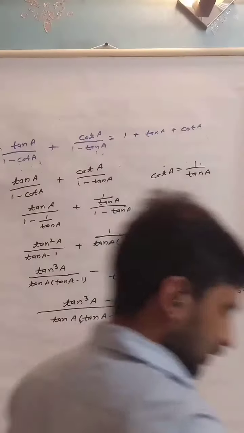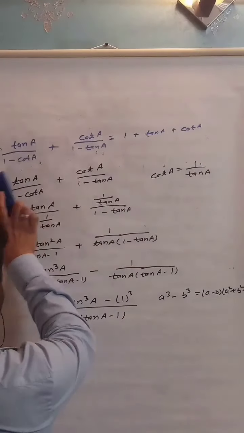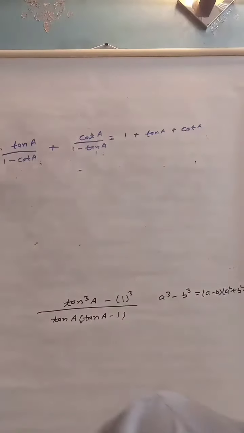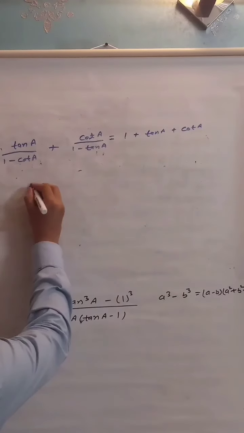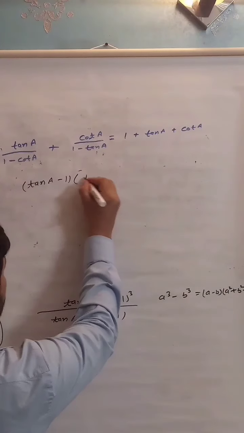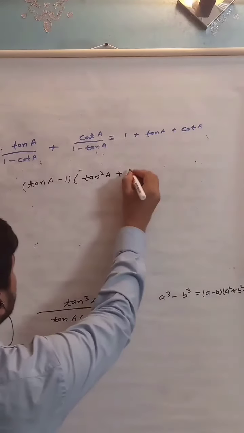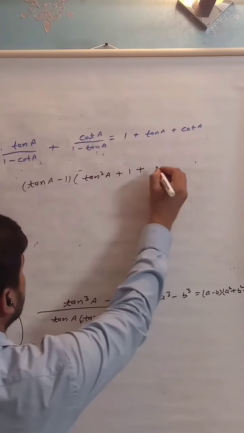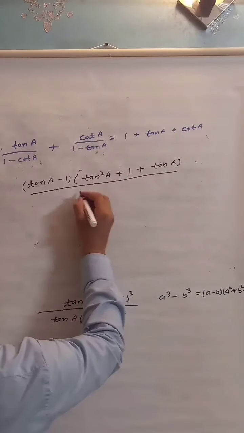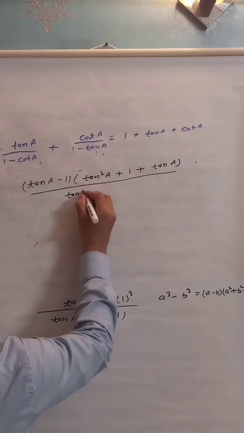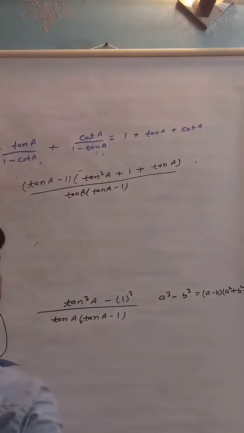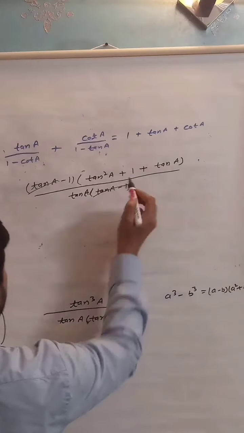Expanding this with the help of A cube minus B cube formula, we will have A minus B, tan A minus 1 into A square, means tan square A plus 1 square plus tan A into 1, upon tan A into tan A minus 1. Tan A minus 1 will cancel out.